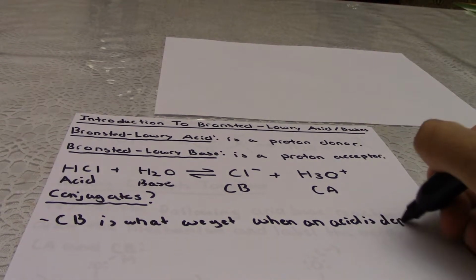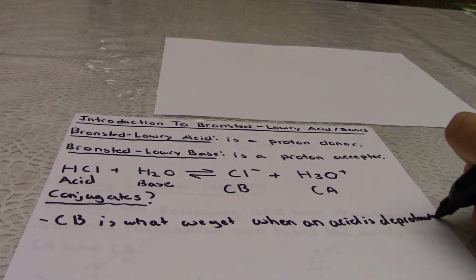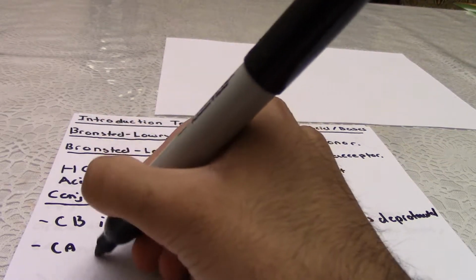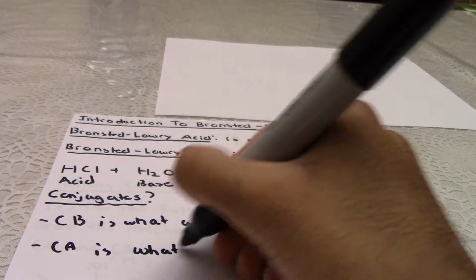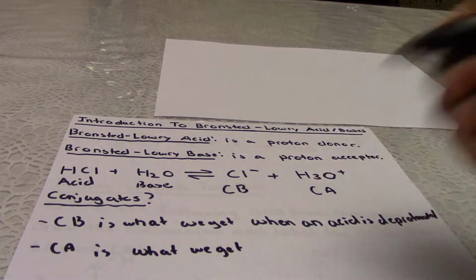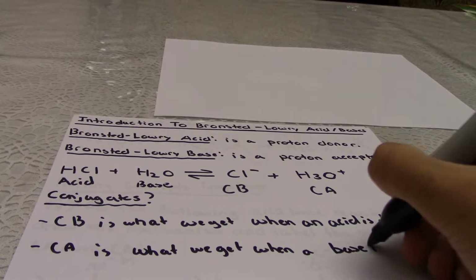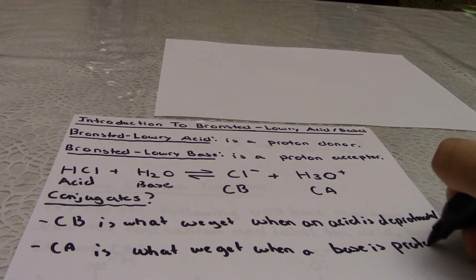So deprotonated as in losing a proton. And conversely, the conjugate acid is what we get when a base is protonated, so it gains a proton.